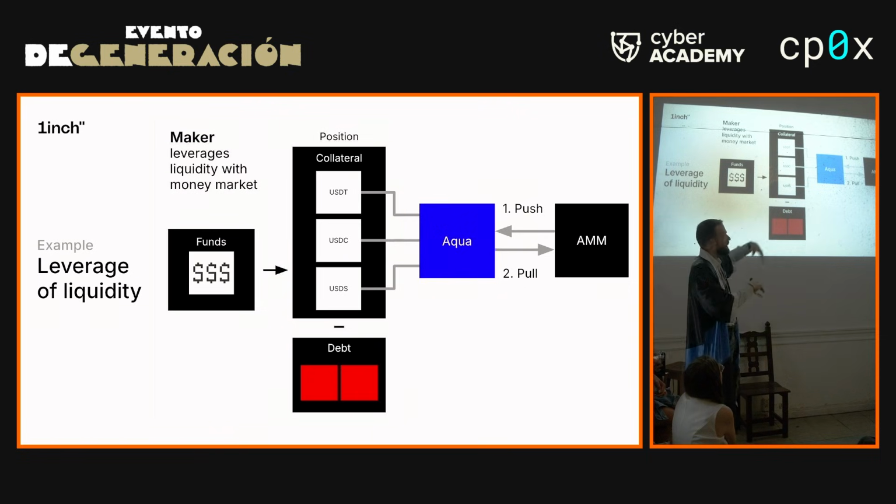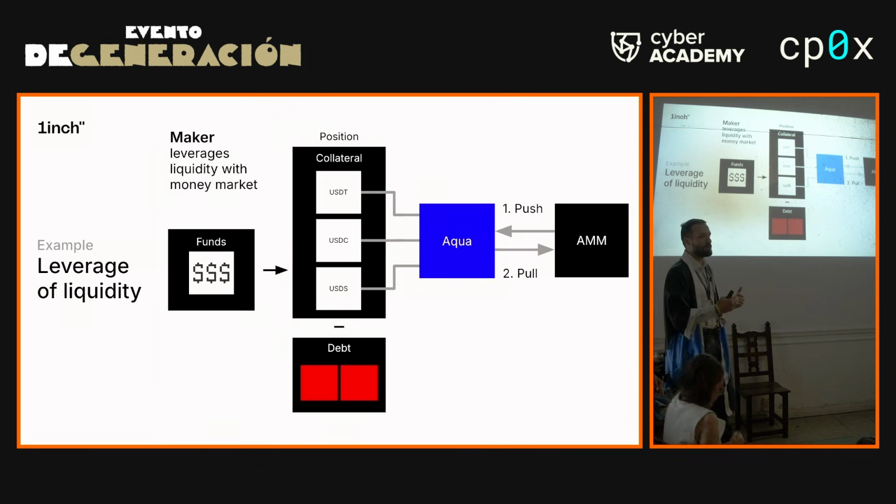Then you came to Aqua and got 2x more by just reutilizing the same capital, sharing this capital among multiple strategies. So while you maintain your balances above zero, you would earn yield from all those strategies for all those 60K of capital.